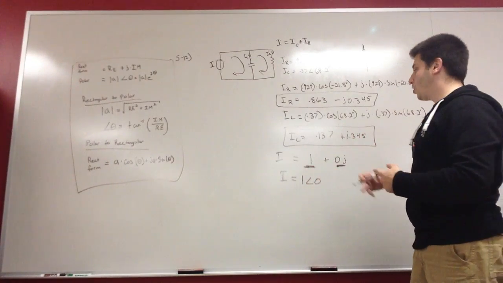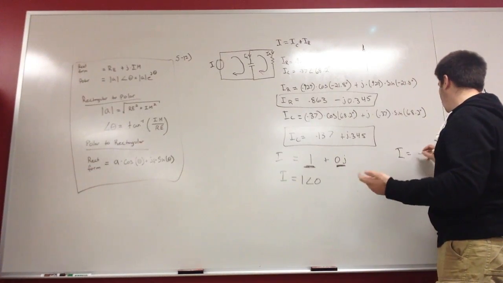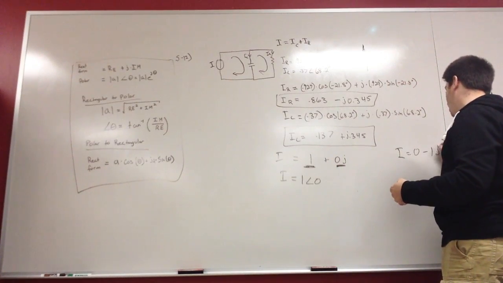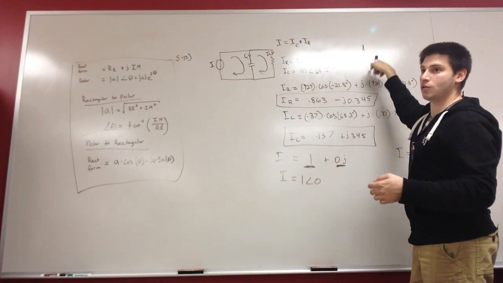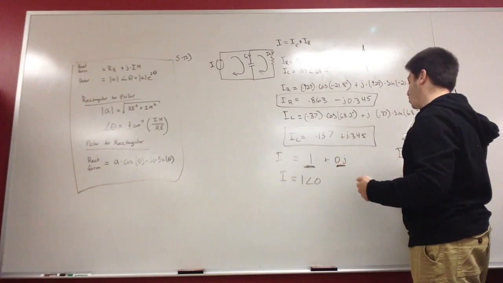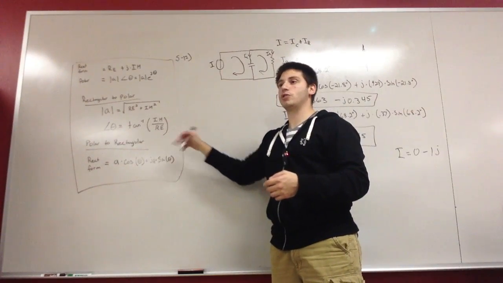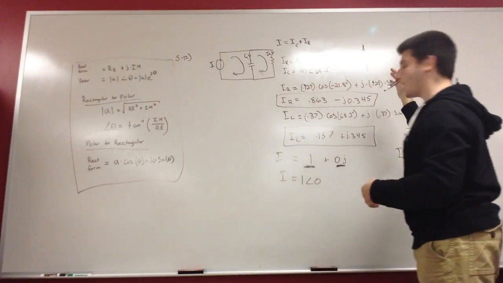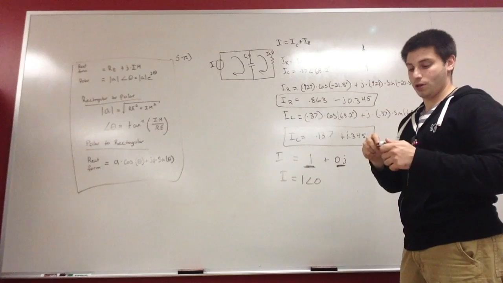If we had I equal to 0 minus 1j, then it would be negative 90 degrees because it's on the negative j axis. If you use these equations, you'll still get the same answer, but just looking at it is the fastest way. It's just a little shortcut.